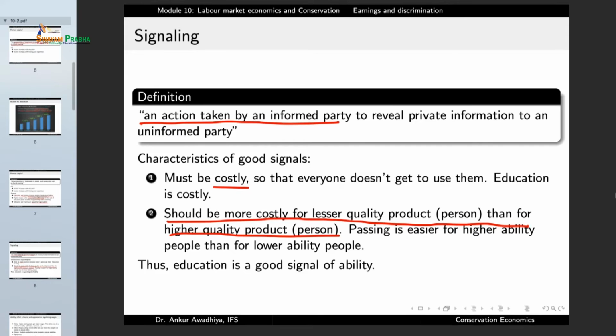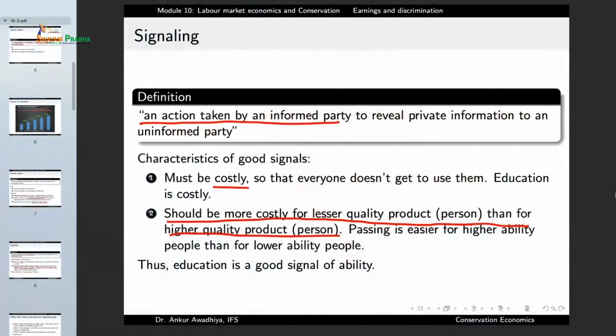Whereas if you wanted to use listening to a song by Kishore Kumar or Jagjit Singh as a signal, then there is no difference between the cost for a higher quality product or a lower quality product or person. So a person with a higher ability will also find listening to these songs equally easy or difficult as a person with a lower quality. So it does not work as a signal. So signaling should be something that is costly, and this cost should be different for people with different abilities.